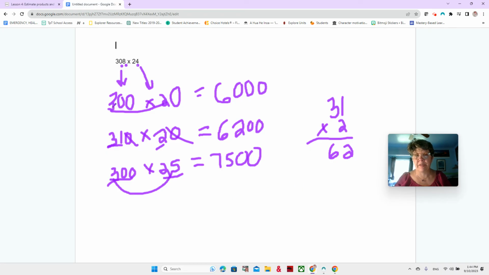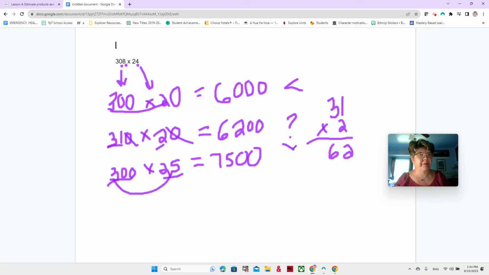Okay, let's look at each of them. These two we both rounded down. So these are probably less than the actual answer, right? Okay, let's look at these two. This one we rounded up. This one we rounded down. So this one might be not sure, right? Okay, this one we rounded down, but this one we rounded up.